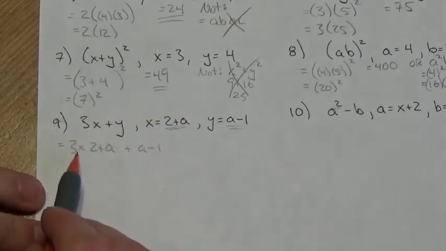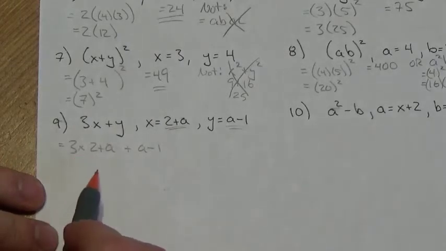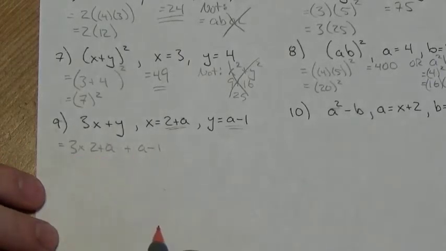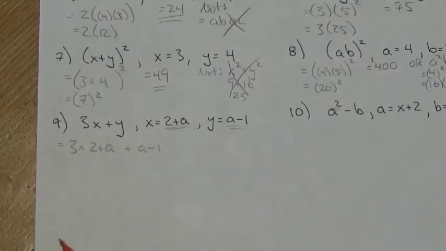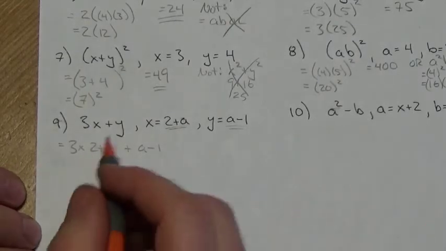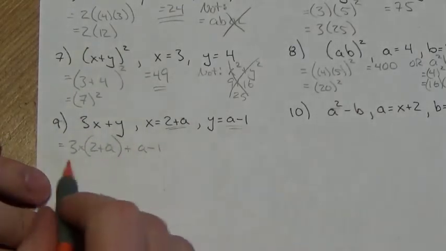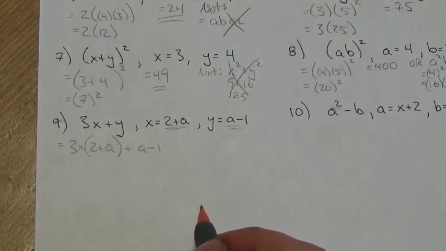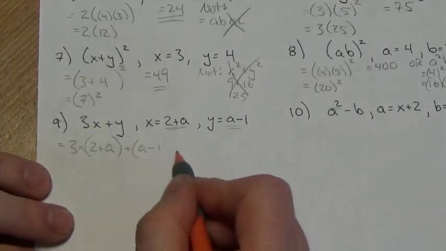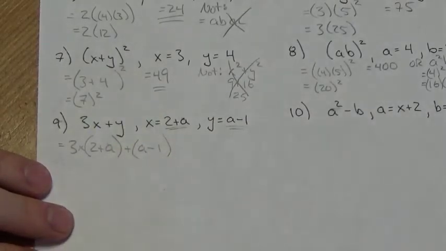But here, the only thing getting multiplied is the 3 by the 2. 3 is not being multiplied by the a. So 3 is not actually being multiplied by x here. It's being multiplied by a part of x. In order to make that work, you have to put parentheses around whatever x is being replaced with. And actually, you'd be smart to do it around the y value too.